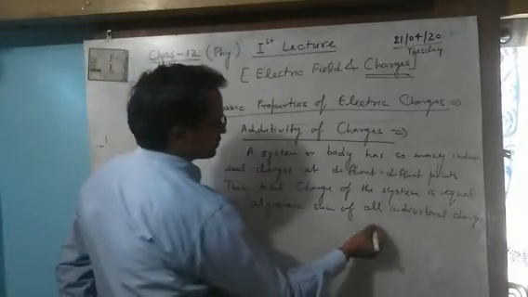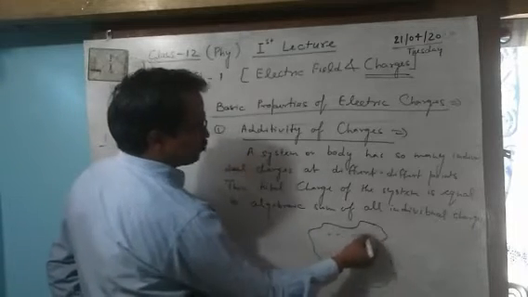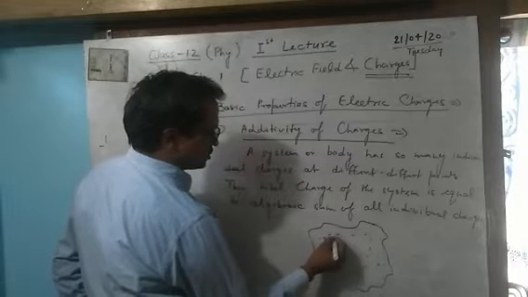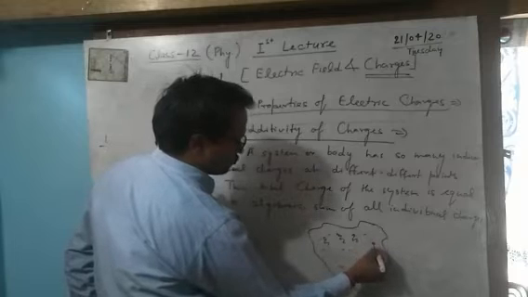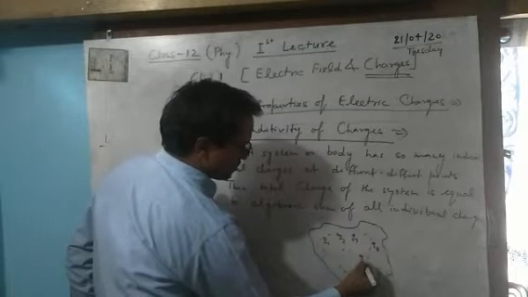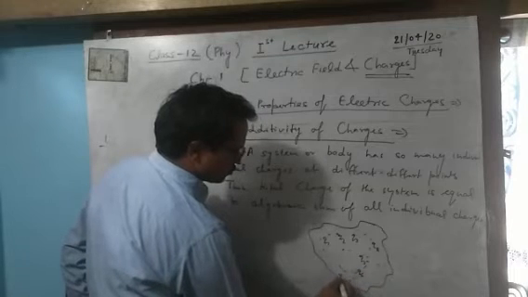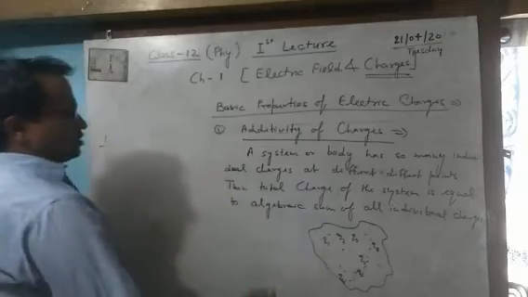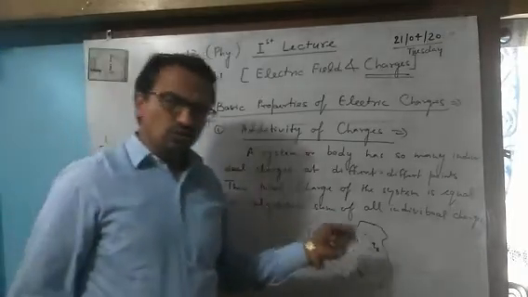Like suppose a system having so many charges, like this is Q1, this is Q2, this is Q3, and so on, so many individual charges like Q1, Q2, Q3 up to Qn.